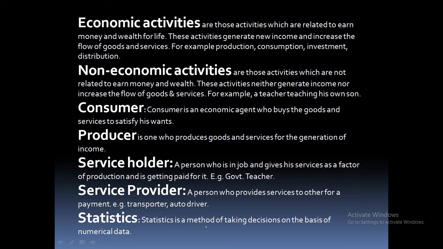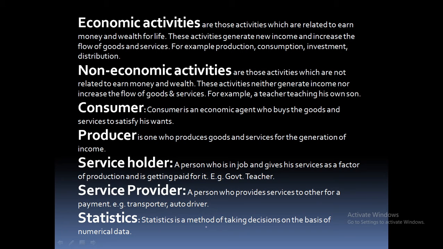Consumer. A consumer is an economic agent who buys goods for using them and for satisfying their wants. Producer. A producer is one who produces goods and services for the generation of income. Service holder.